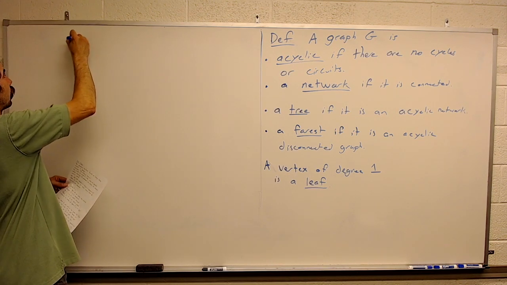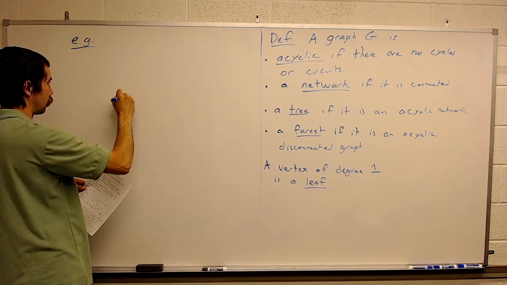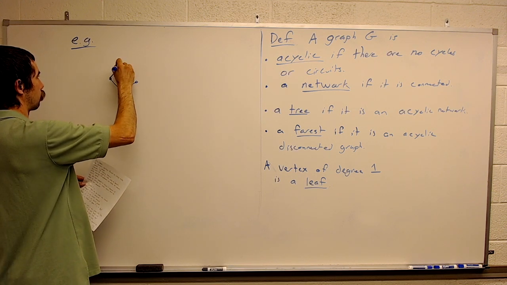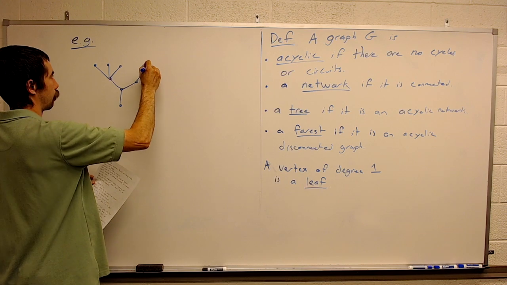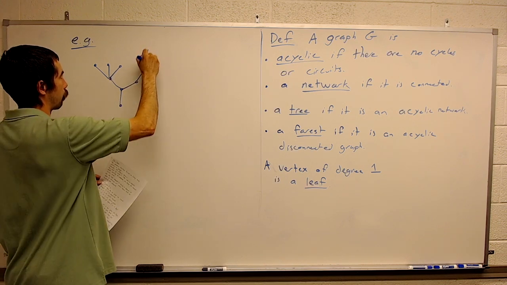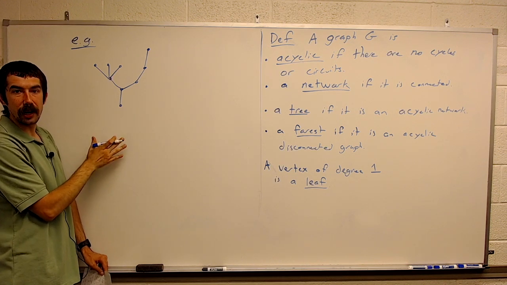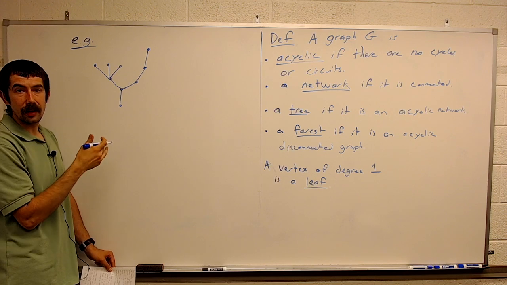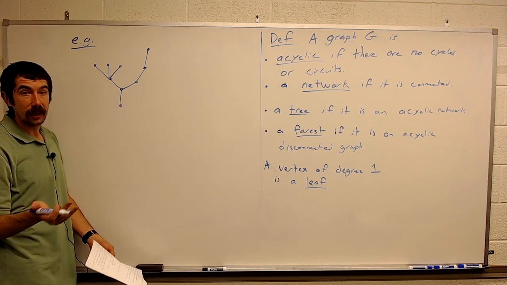All right, so for example, maybe you have something like this. Right, you're starting to see this tree shape. Okay, and then another example that you see in the real world is the family tree.